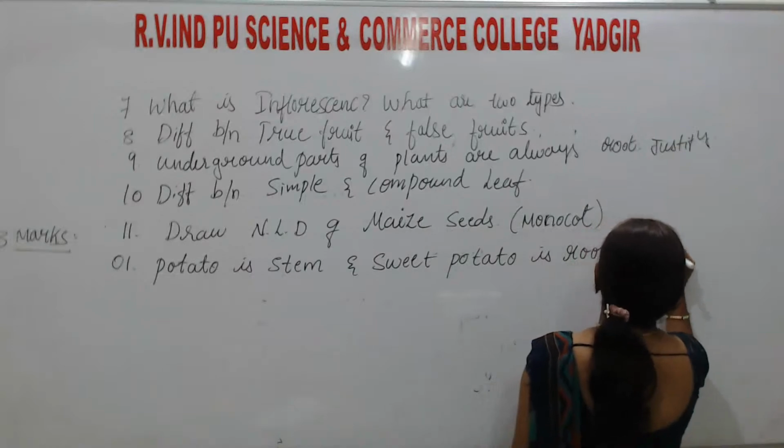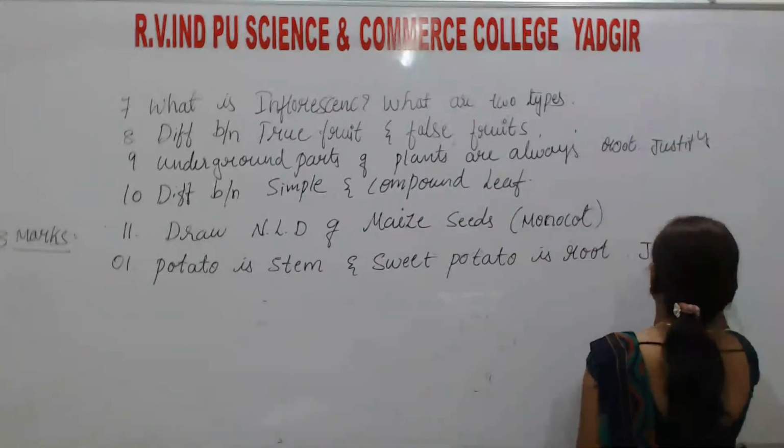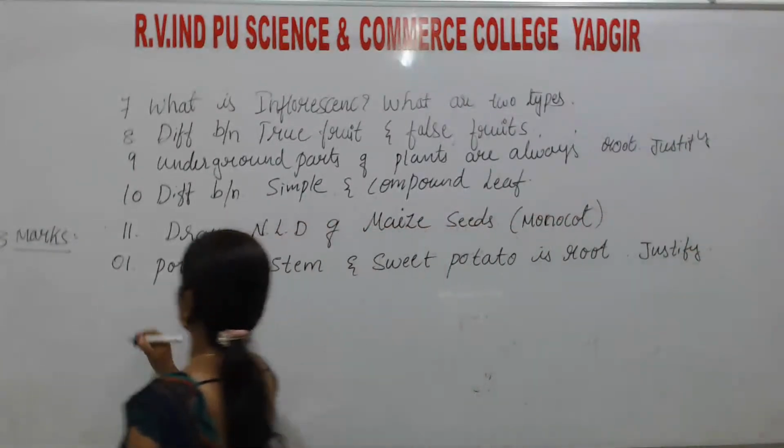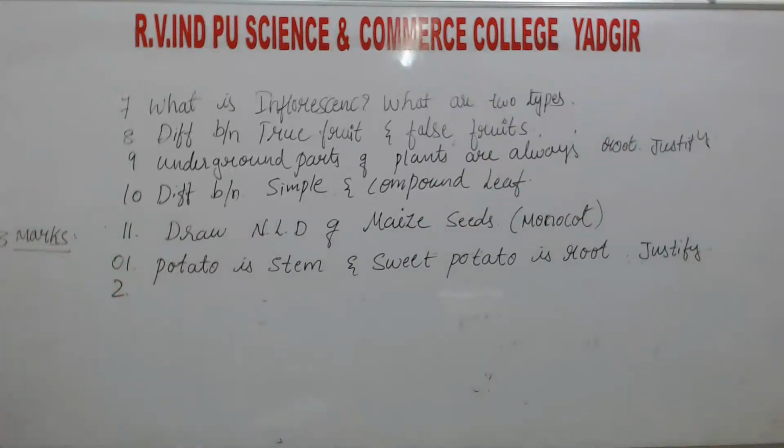Justify. How to explain why potato is called stem and sweet potato is called root by morphological structure, that is, by external features.